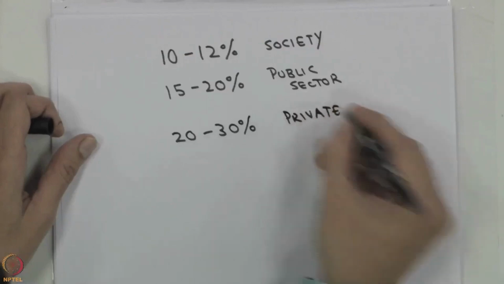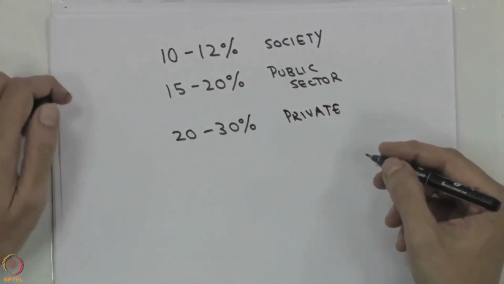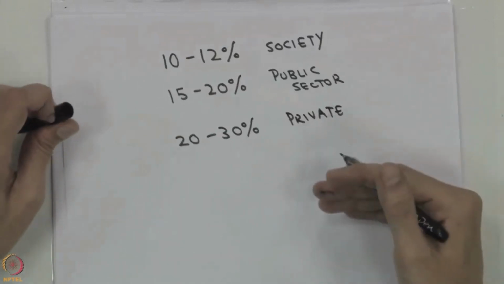These are typically the discount rates for an Indian context. If you look at low income households, you may find that the discount rates are quite high, 40%, 50%, 60%.